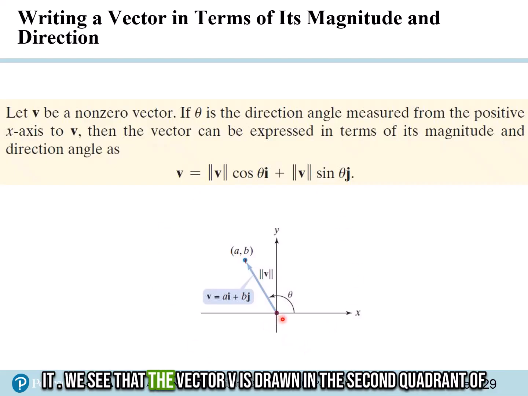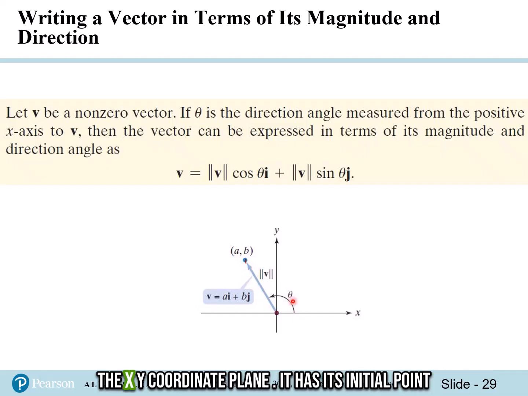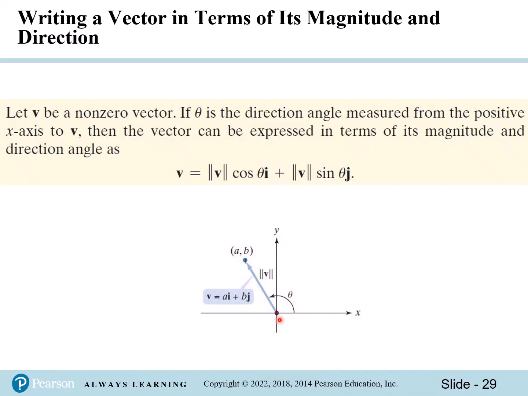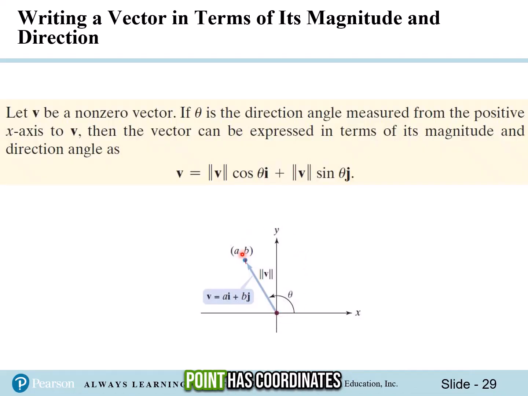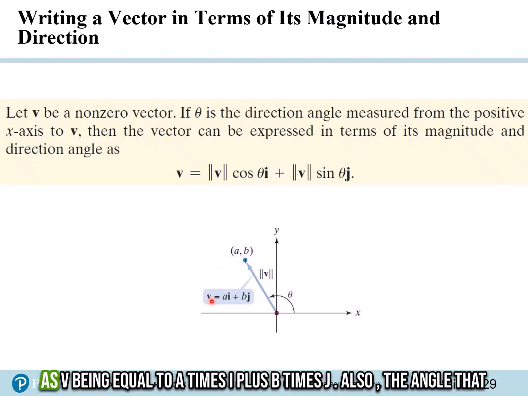We see that the vector v is drawn in the second quadrant of the xy coordinate plane. It has its initial point at 0, 0 at the point of origin, and its terminal point has coordinates a, b, and the vector is defined as v being equal to a times i plus b times j.